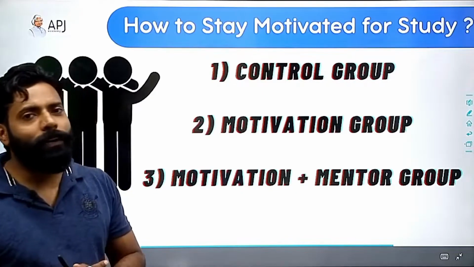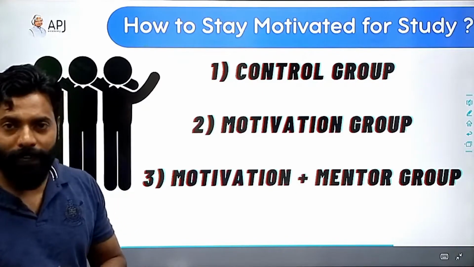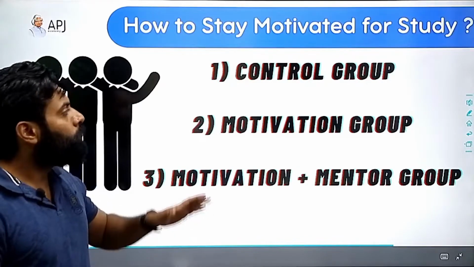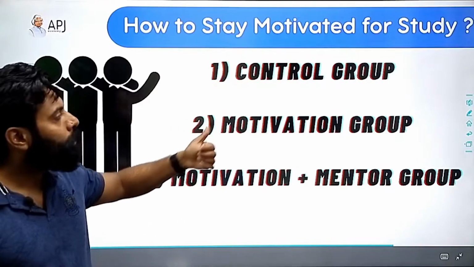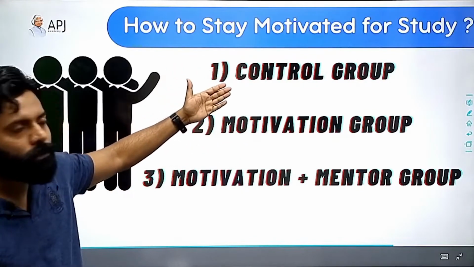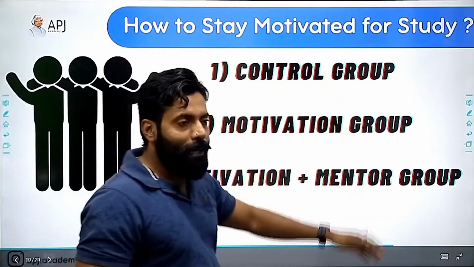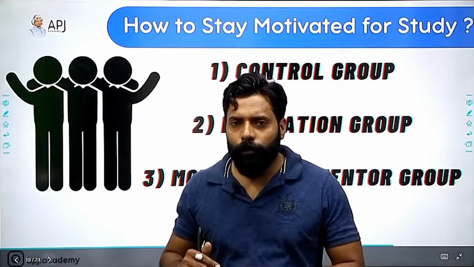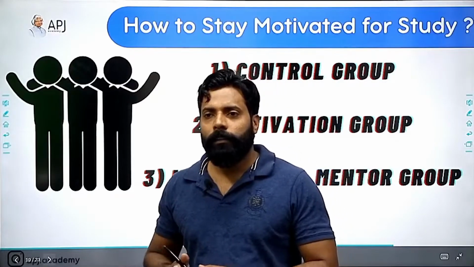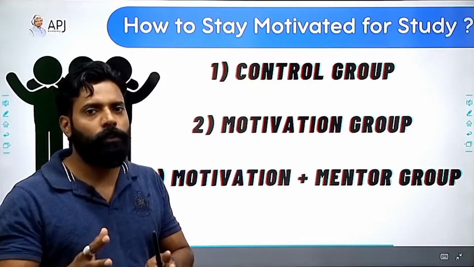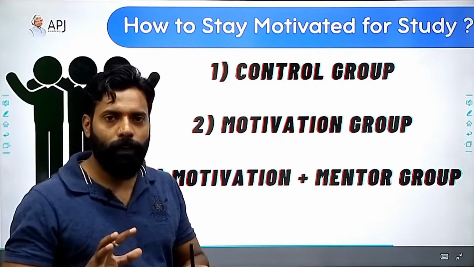So there is one research conducted by some Britishers in 2001. This is well documented, right? So what they did is, they first divided the groups into three parts. The first one is the control group. The control group is guided that you need to do these things to get successful in your life, right?